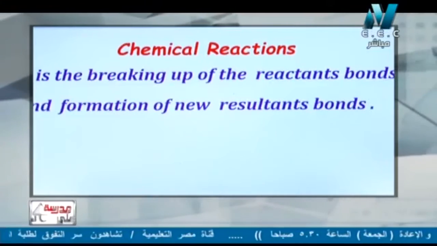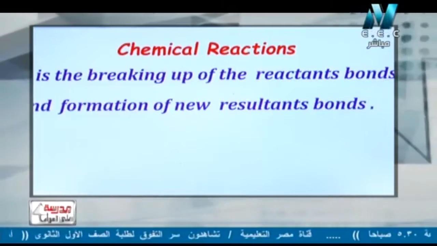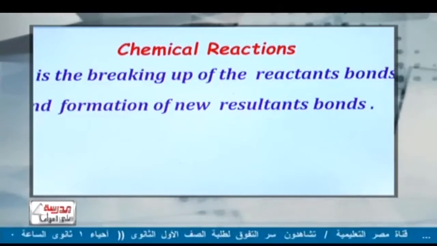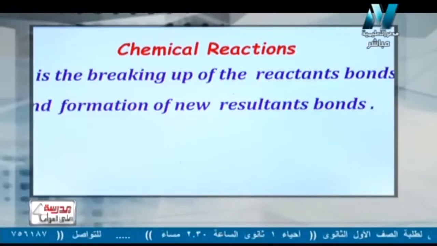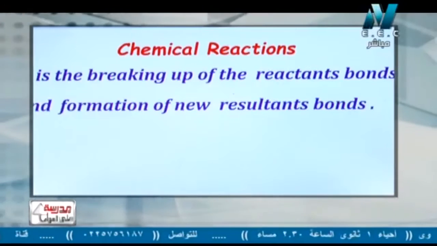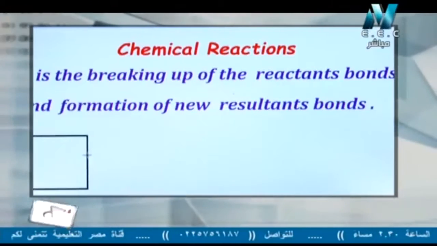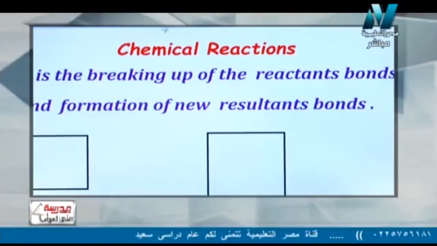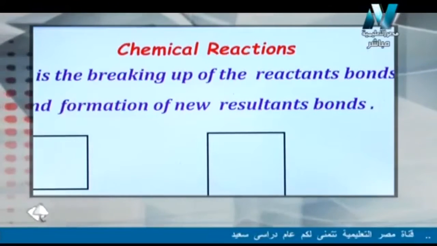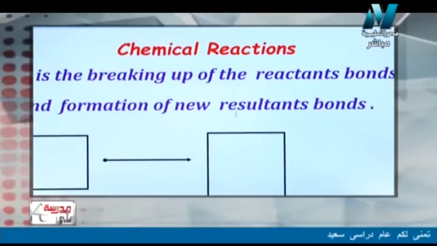So here we have 2 parts or steps in any chemical reaction. Number 1, on this side we have the reactants, and on the other side we have the products or the resultants. Between them are the steps of the chemical reaction, according to the type of the chemical reaction.